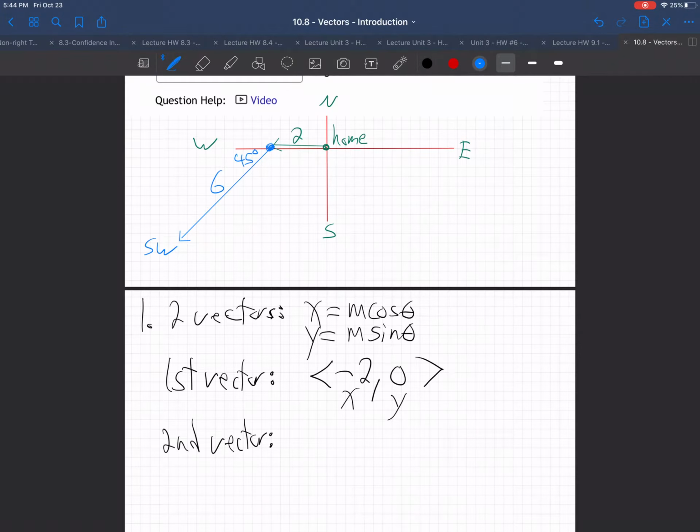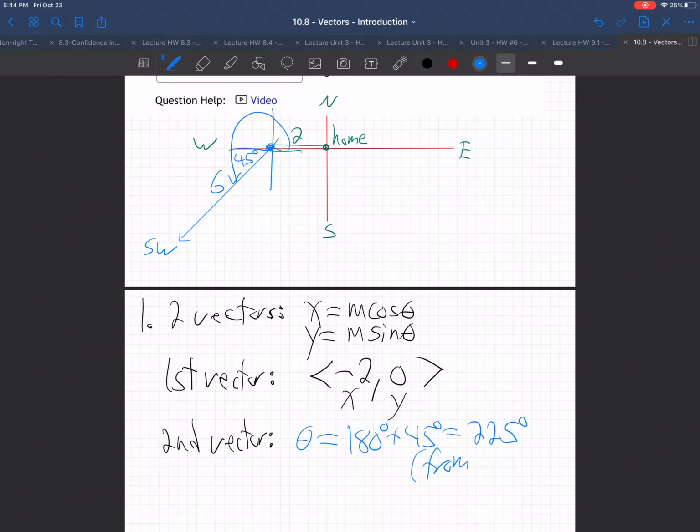So this vector here, I'm going to put a little axis system right here for the moment. This vector, I got to get the angle all the way to that vector from 0 degrees, remember? So the angle is, what's that going to be? That's going to be 180 plus 45, which is 225 degrees.